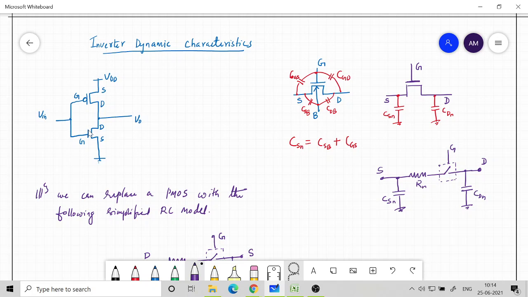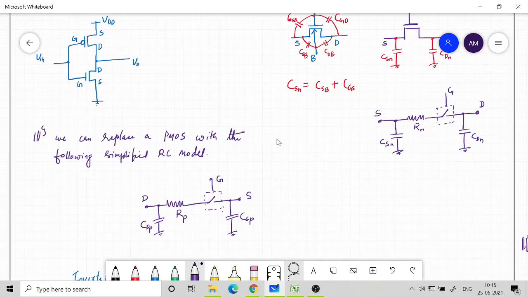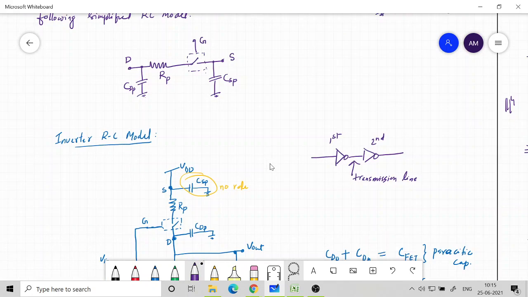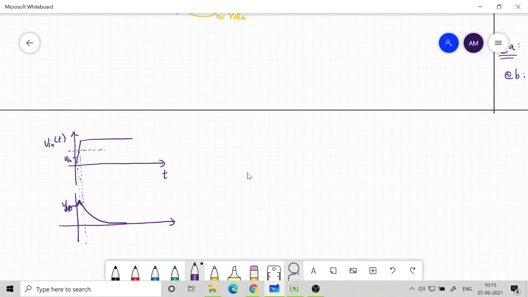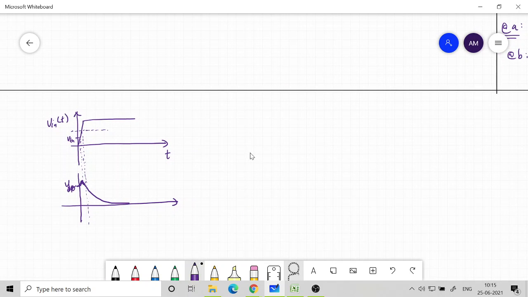But the moment the input voltage rises above VTN, that cannot continue, because discharging will only happen after the NMOS is turned on, which happens only when the input goes above VTN.